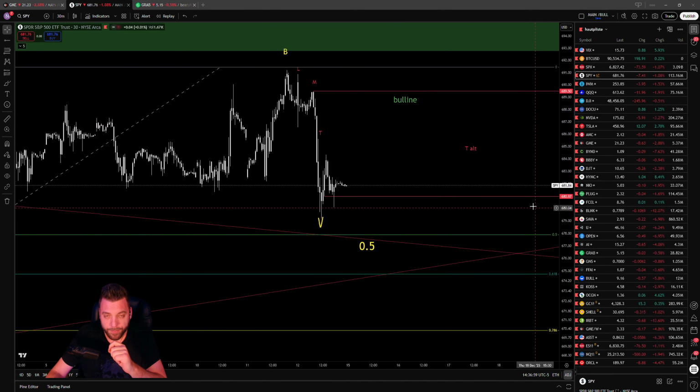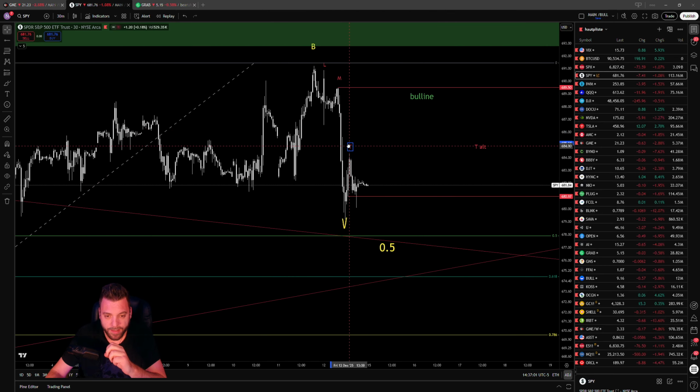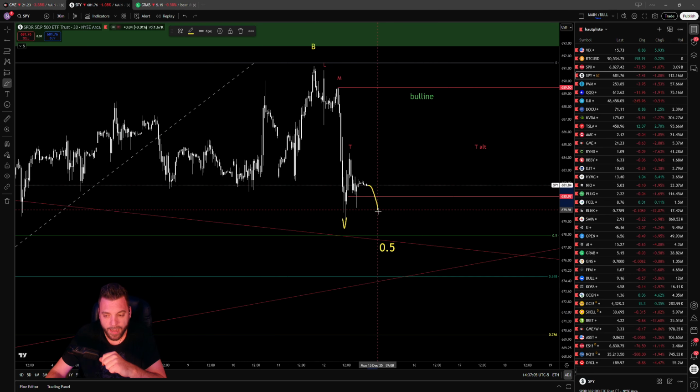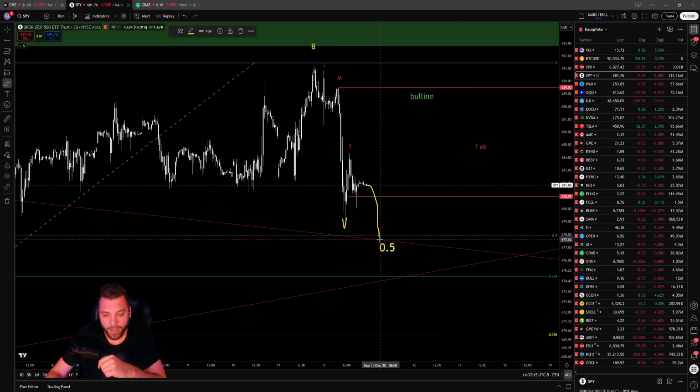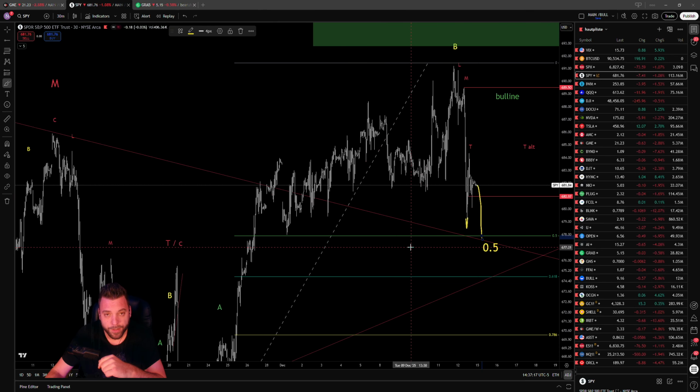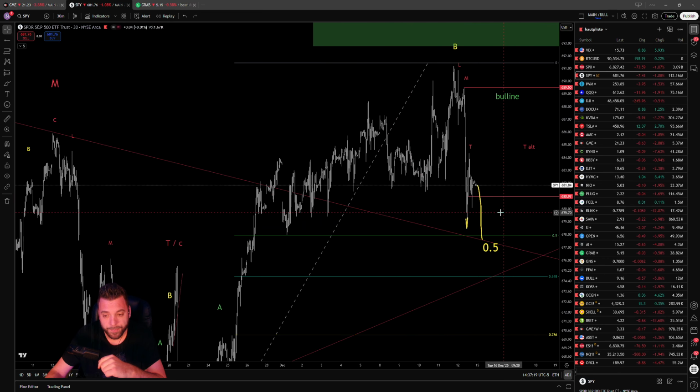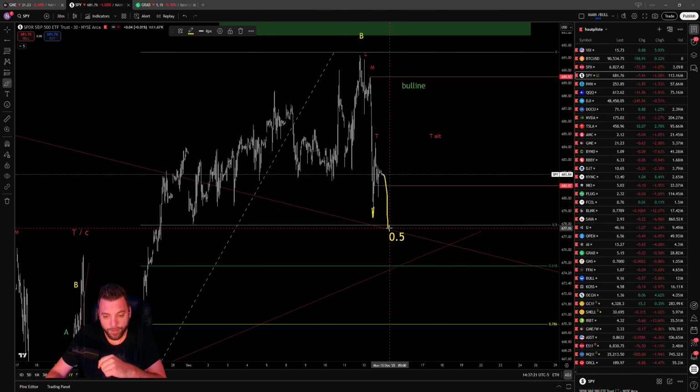The alternative version would be this here was your T, and you still have to come down to the 0.5 at 678. That would still be a red Monday, which would also be a breakout retest of our wedge. Then you do a higher low, and then you go.